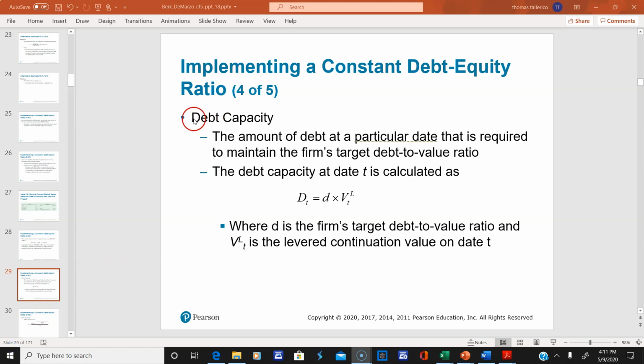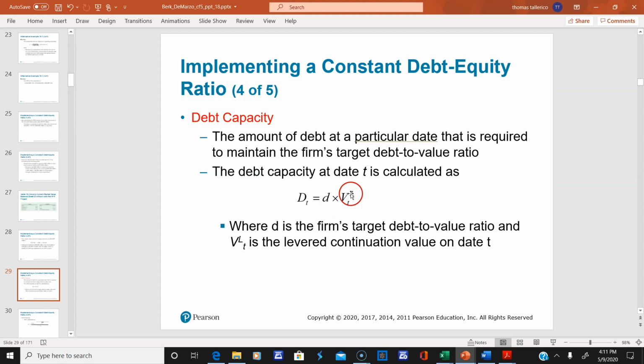So we're going to define what's called debt capacity, and I'll highlight that, right? Debt capacity, by definition, is the amount of debt at a particular date that's required to maintain the firm's target debt-to-value ratio, right? That's the enterprise value. Debt to value. So the debt capacity at date T is simply what?